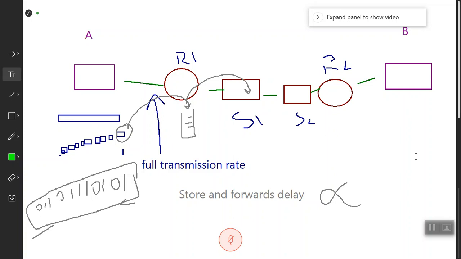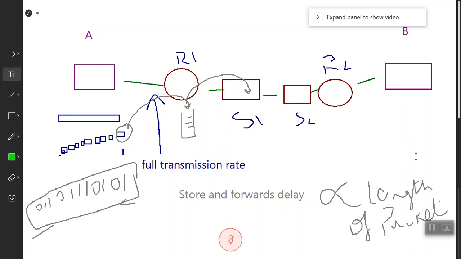Let's say L, length in bits. I'll just write here length of packet, the length of packet that we are transmitting.